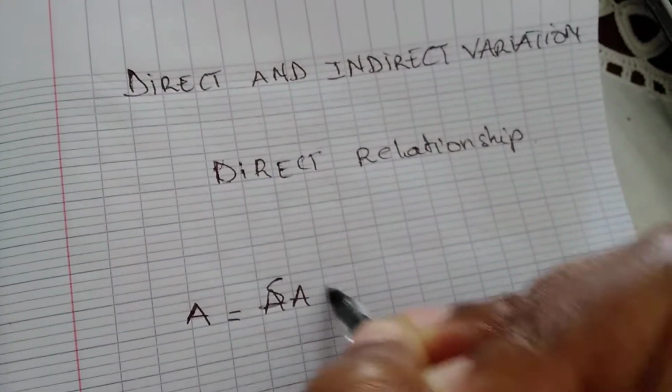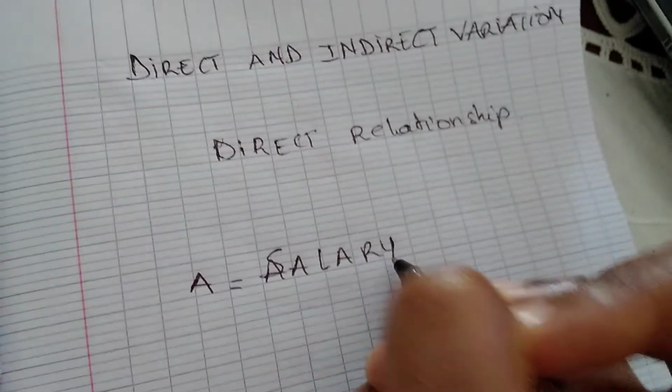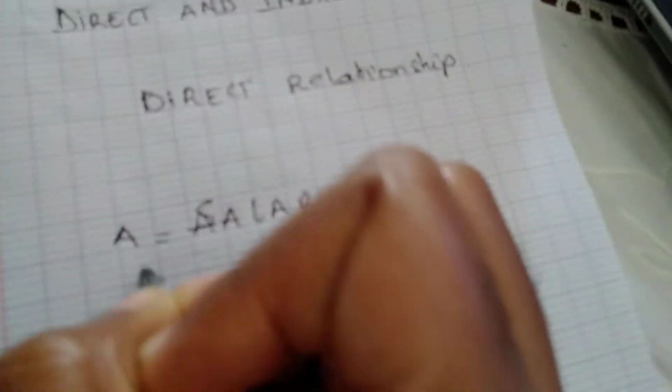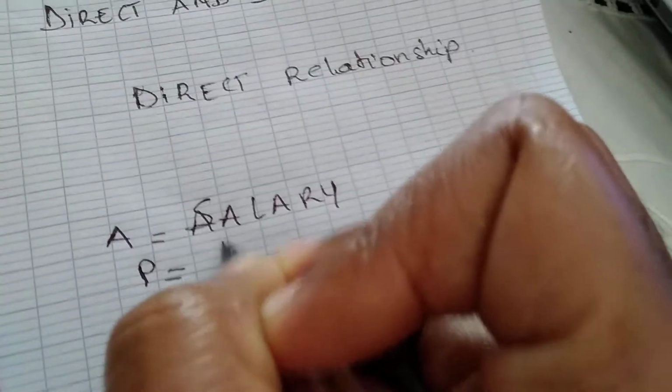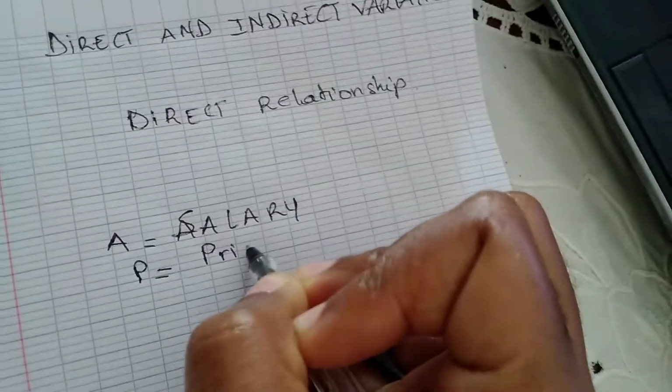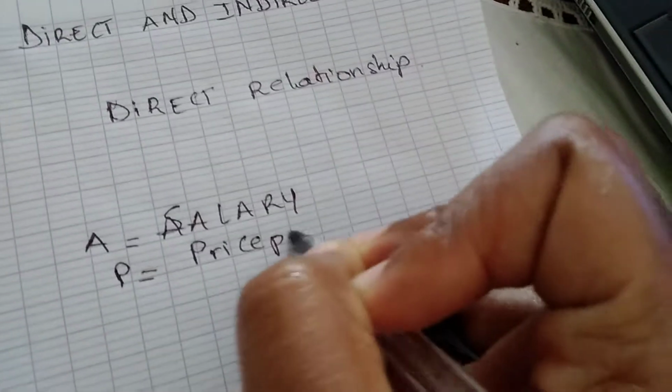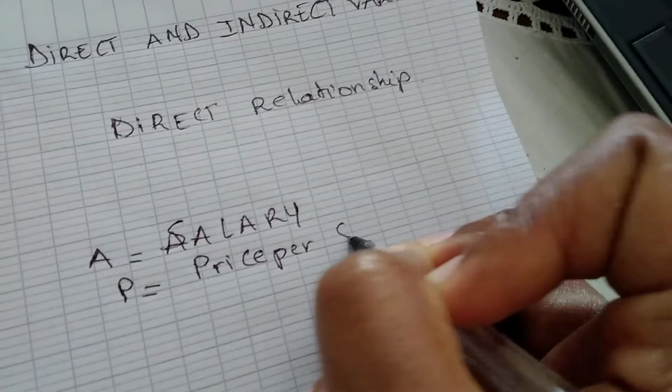And then let me say P, this is the price or the amount paid per hour, or let me say per 5 hours.